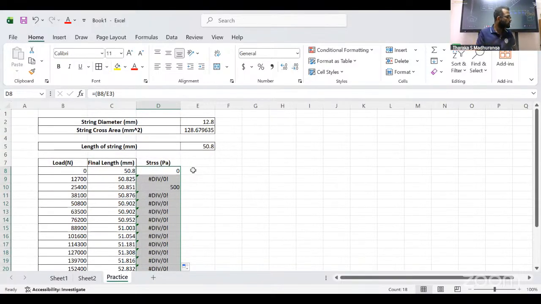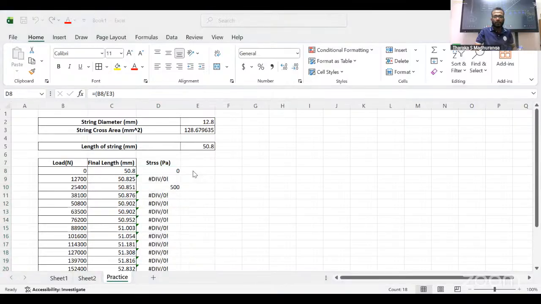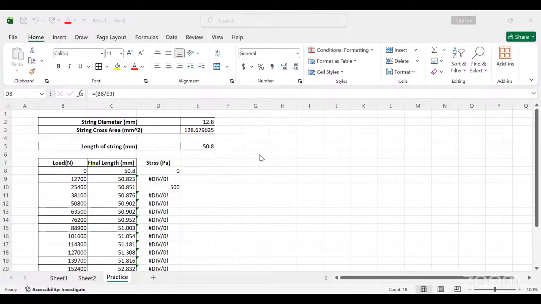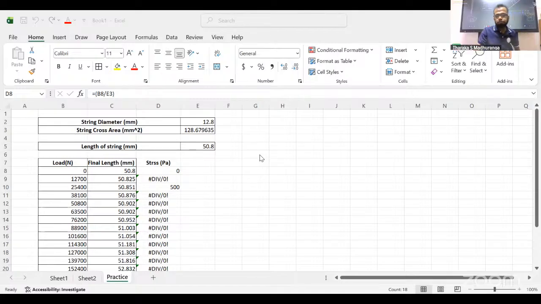Can anyone tell me the reason for that? What's the reason for this error? Why is the error coming? If you look at the first function, look here: equal B8 divided by E3.